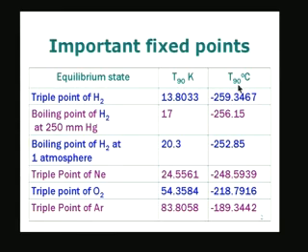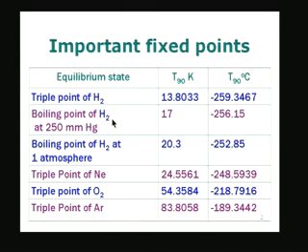The third column gives T90 in degrees Celsius. That means that this is the temperature corresponding to T90 Kelvin in Celsius units. So, the various fixed points which are used for thermometry are given by the triple point of hydrogen, which is assigned a value of 13.8033 Kelvin, which corresponds to minus 259.3467 degrees Celsius.